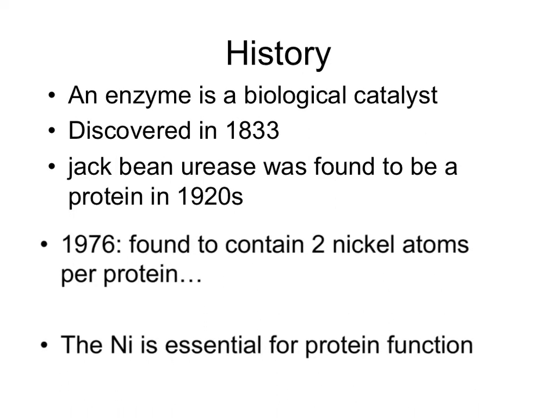Not only is it a metalloenzyme, but that nickel is required for the protein function. So just like in the introductory PowerPoint where I showed the carbonic anhydrase, which used the zinc, the urease enzyme includes nickel, which activates a water molecule for chemical reactivity.